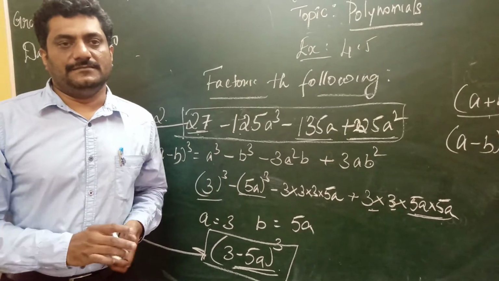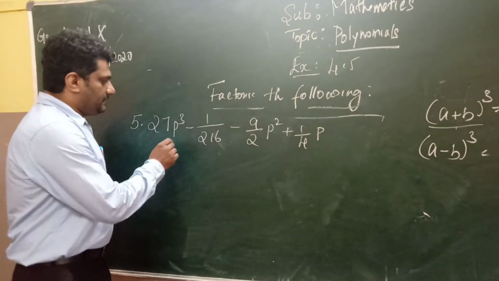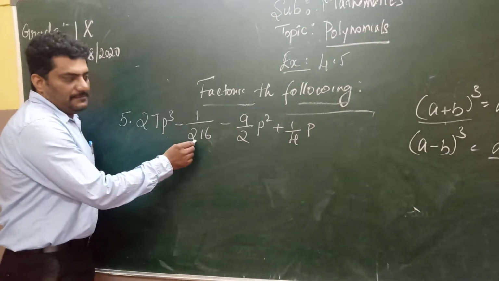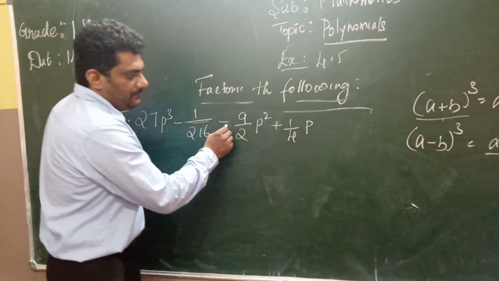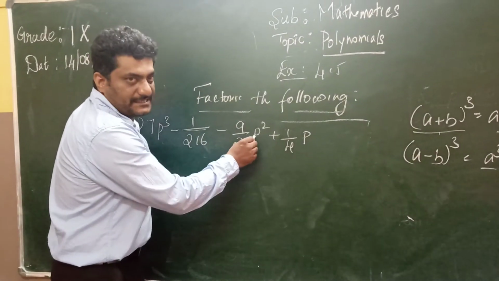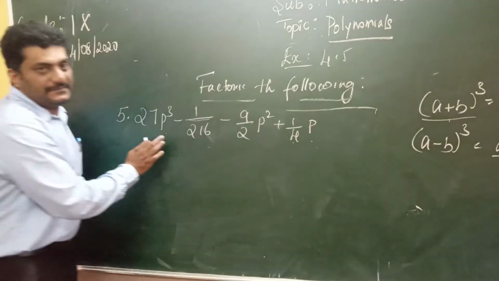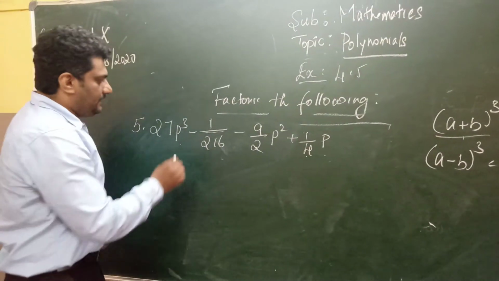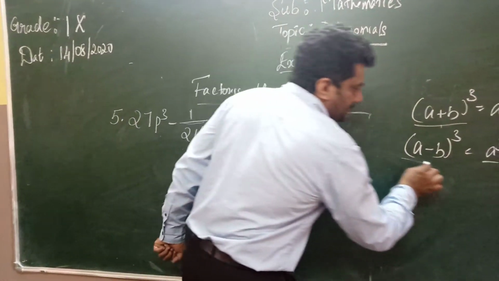8th main, second sum. The fifth problem in 8th main is 27p cube minus 1 by 216 minus 9 by 2p square plus 1 by 4p. Now again this we have to factorize. Now if you see this negative sign, again we are using this identity.